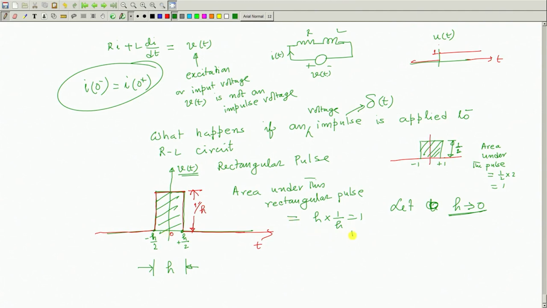It will be like this: the base will become thinner and the height will become larger and larger.